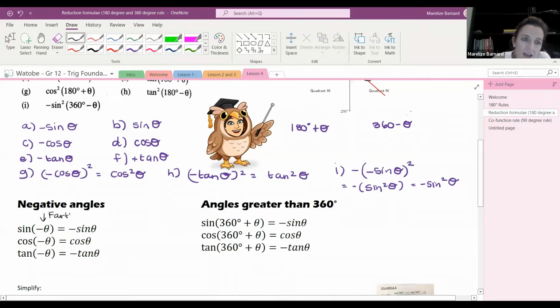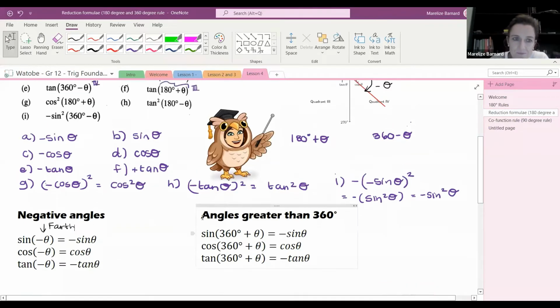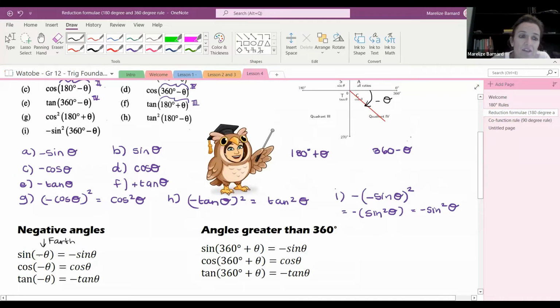So if we know that, we can apply our course diagram, our All Stations to Cape Town, to know if the trig ratio is positive or negative. Okay, so in the fourth quadrant, sine is always negative. Cos of a negative angle, which is the fourth quadrant, cos is always positive.